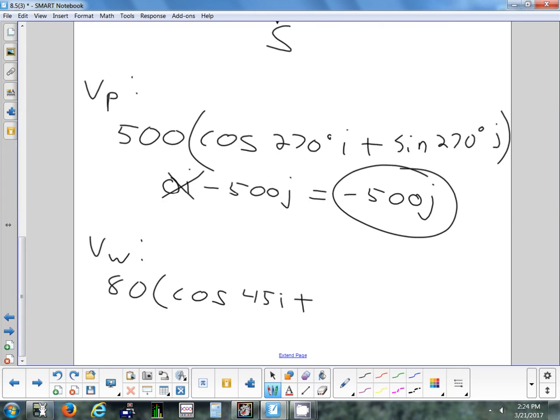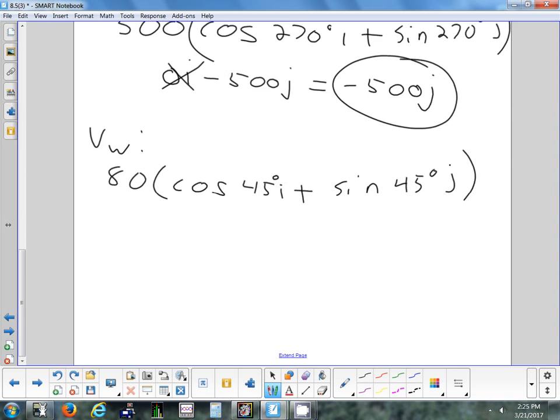Nick, what comes next? You gotta put sine. So what's our angle we're working with for the jet stream? 270. Not 270. That's the angle for the plane. The jet stream is 45. And put our j. Okay.